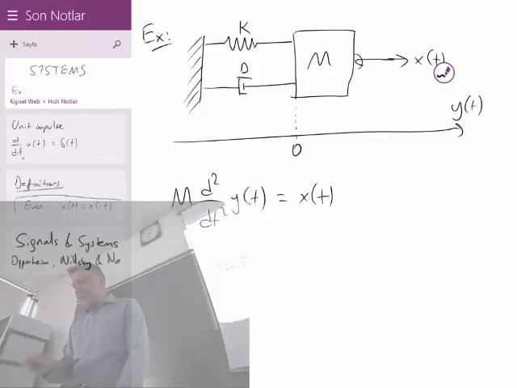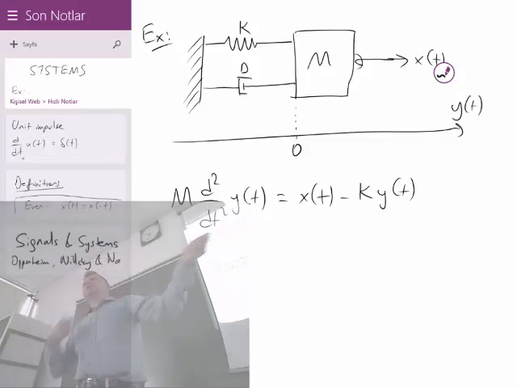So x of t is in the positive direction. The other forces are applying in the negative way. x of t minus k times y of t, which indicates that the coil attracts towards the left, proportional to the position. The more you push, the more it pulls back.